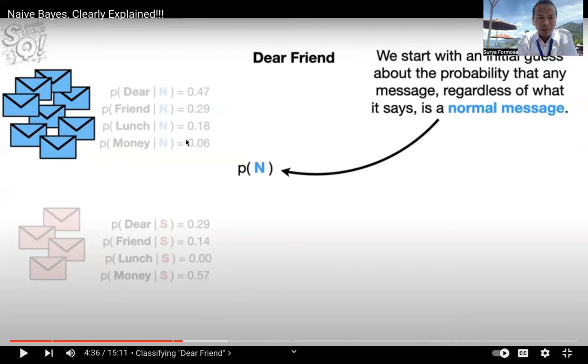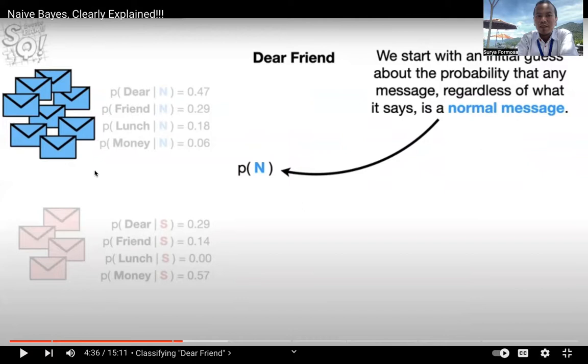For example, in this one, we have 1, 2, 3, 4, 5, 6, 7, 8 normal messages. And then we also have 1, 2, 3, 4 spam messages. So the probability of normal messages divided by all of our emails, which is 8 plus 4, is 12.